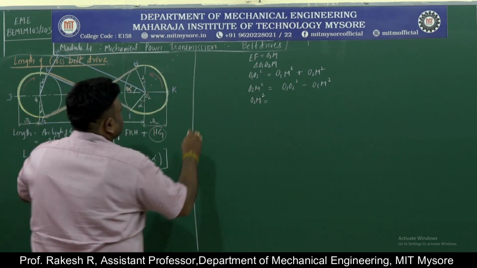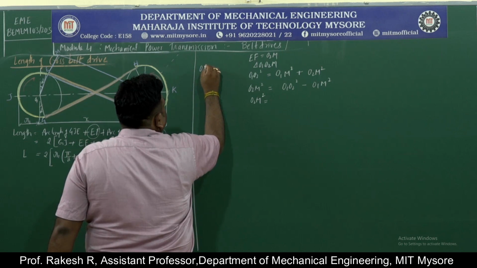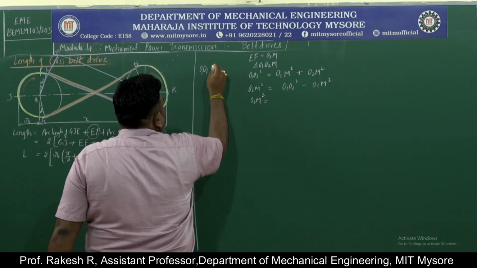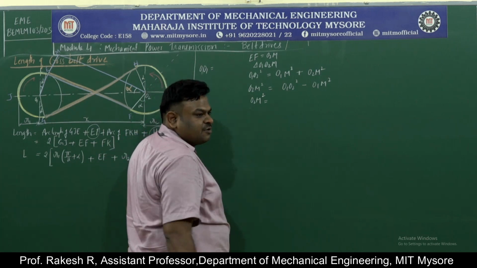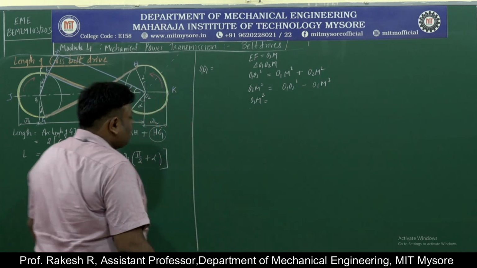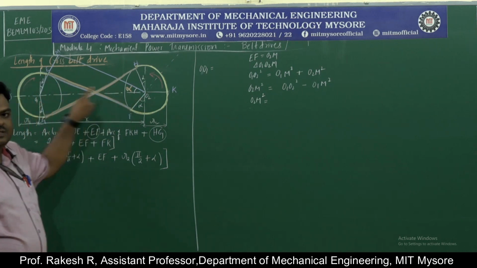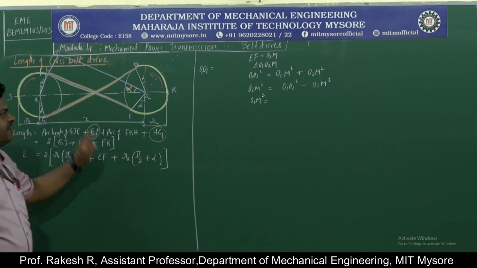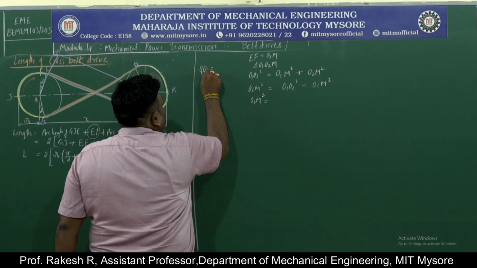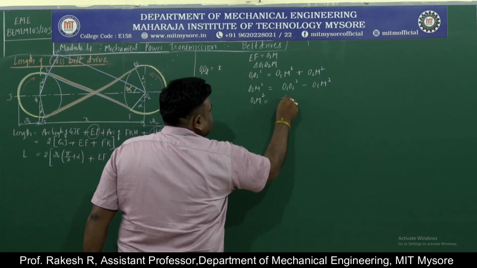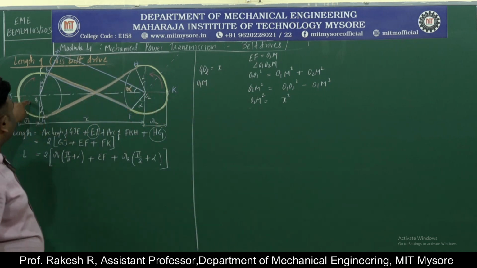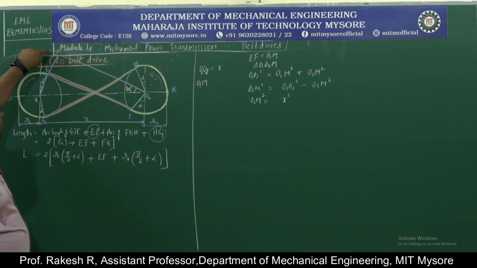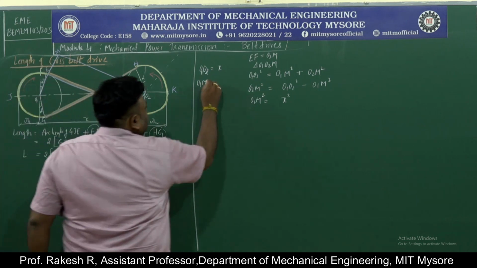O2M square is equal to, what is O1O2? O1O2 is nothing but this distance, that is x square. Then O1M. Here for O1M I will consider the line segment. O1M is equal to O1E plus ME.